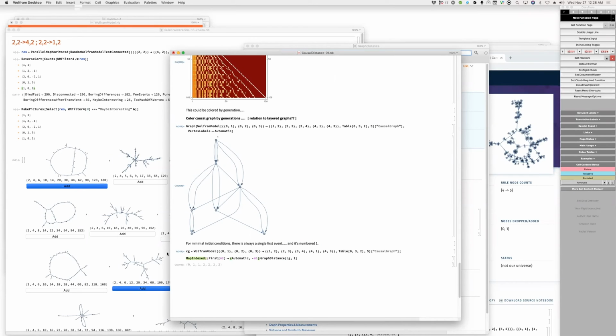Yeah, I think so. So here we would be saying graph of CG, comma that, and this is vertex coordinates, right? Yeah. And now we say graph layout.